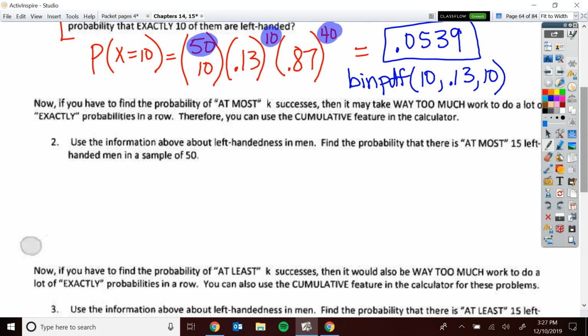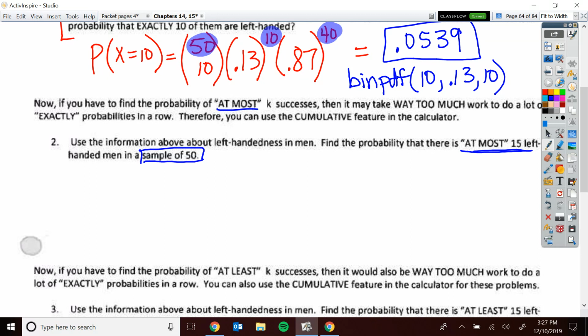Okay, so now let's take a look at what's happening here. We want to find the probability of at most a certain number of successes. Out of 50 men, what's the probability that at most 15 of them are left-handed?